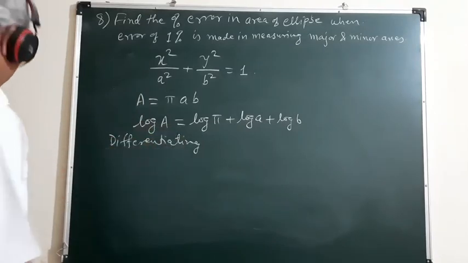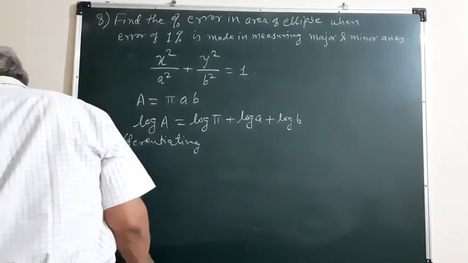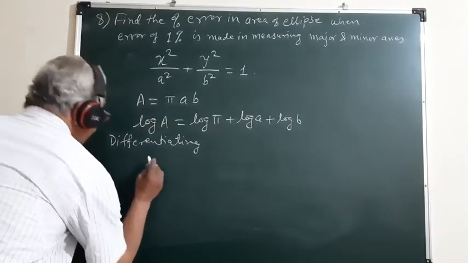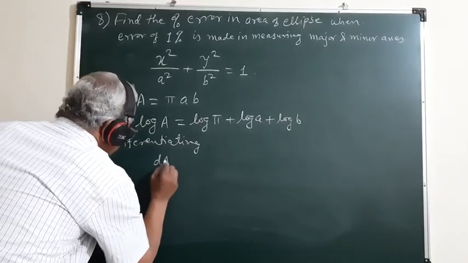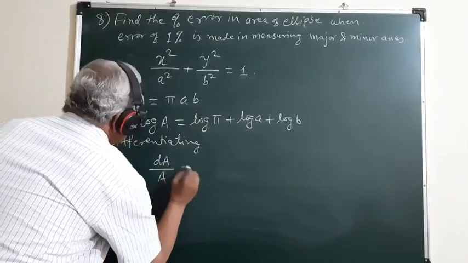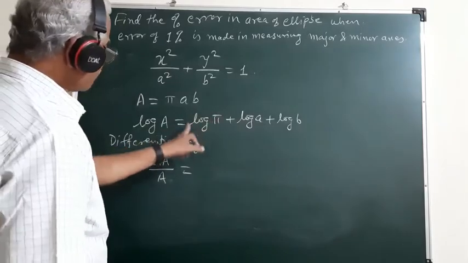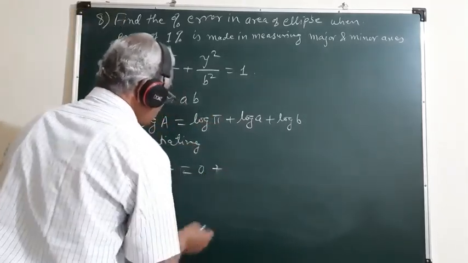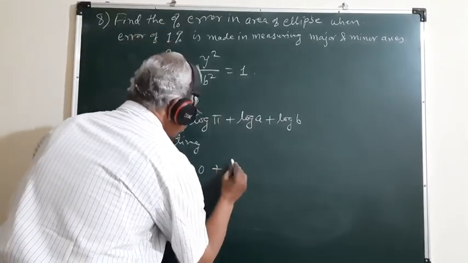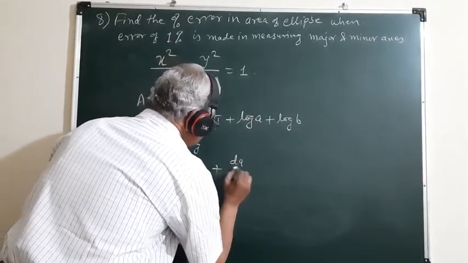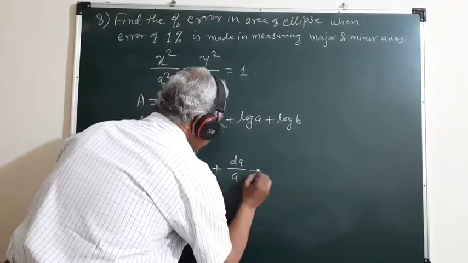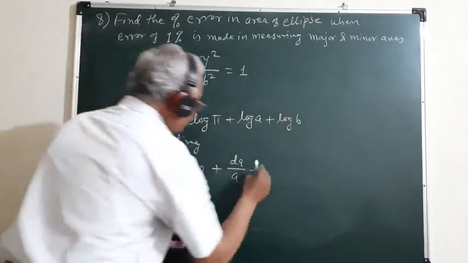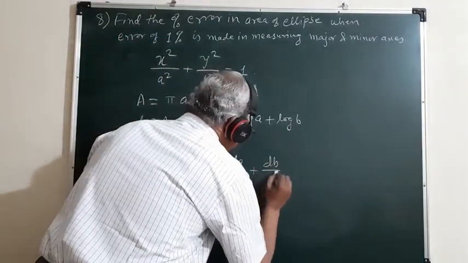Differentiation of log A will be dA upon A is equal to, differentiation of log pi will be 0 because it is a constant, and differentiation of log small a will be da upon a, and differentiation of log b will be db upon b.